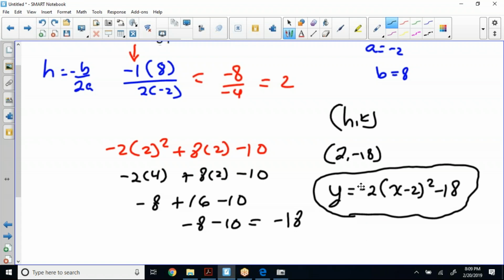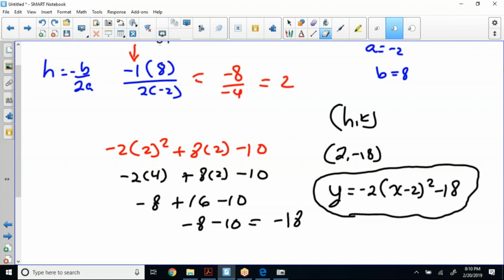Who wanted this one? Would you have a sign problem? Wouldn't it be negative 2? Huh? Where? Negative 8 plus 16 is 8 minus 10. Yeah, negative 8 minus 10.